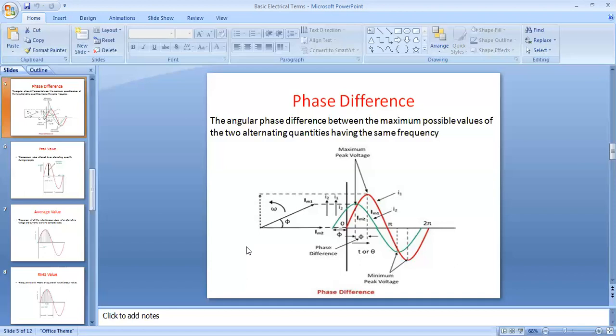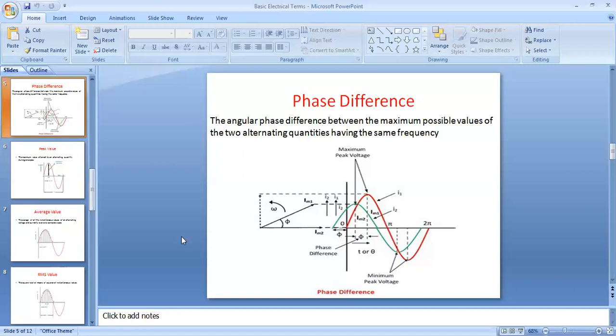That is different for inductive or capacitive loads. But here, the current IM1, which is shown by red color, is a leading current with respect to IM2, which is shown by green color. Or in other words, the current IM2 is a lagging current with respect to IM1.